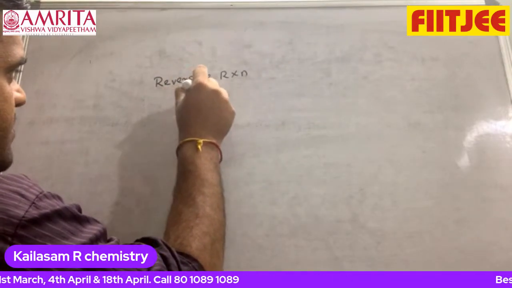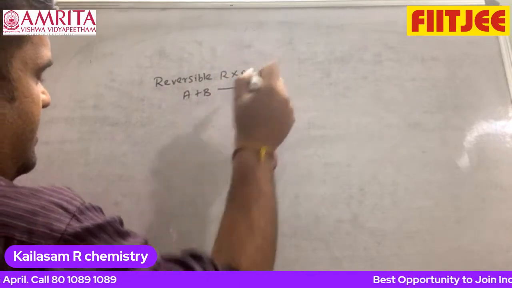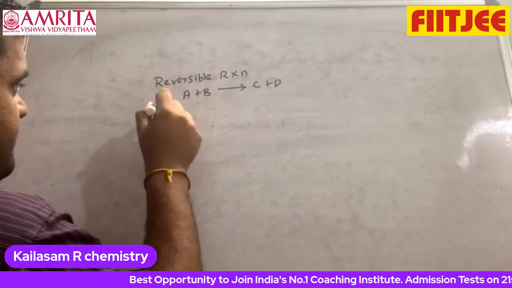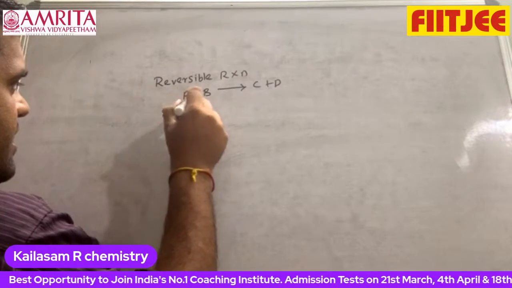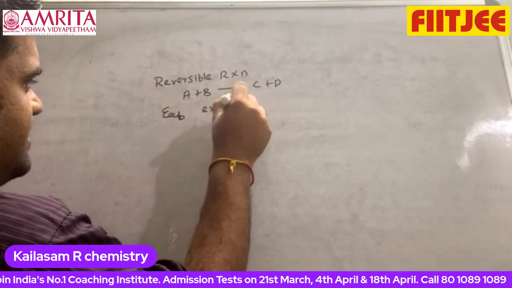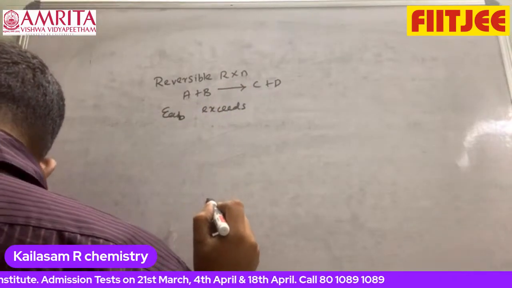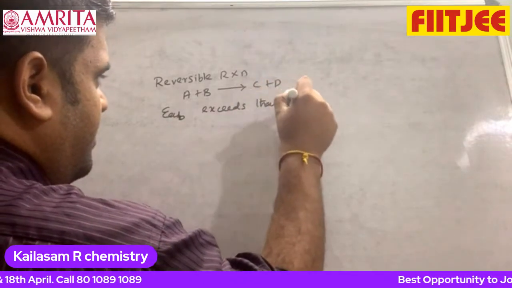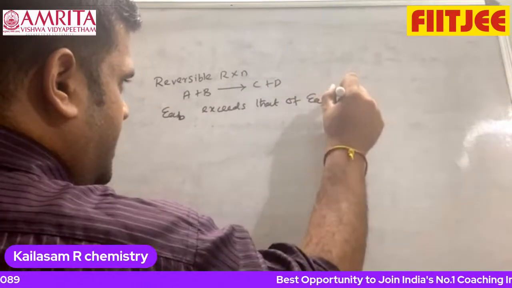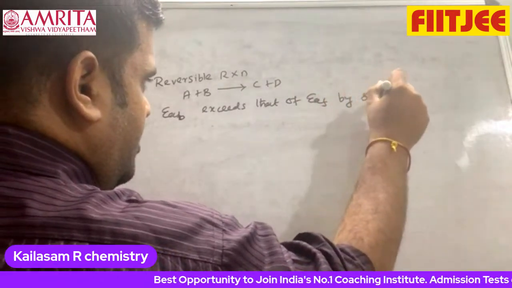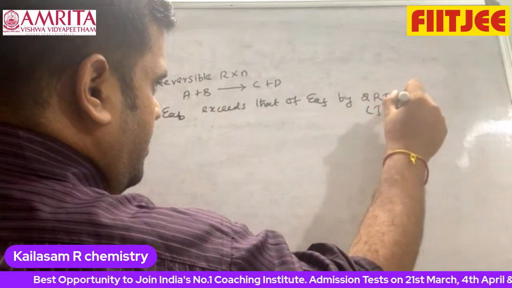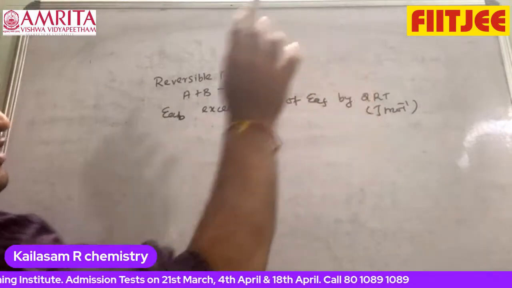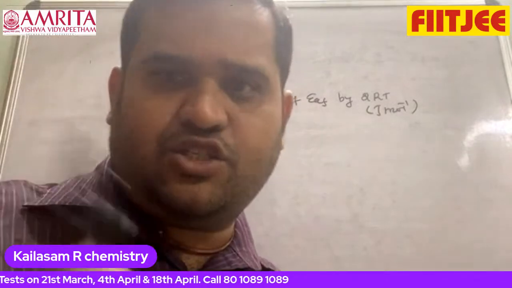I can say A plus B gives C plus D. They are telling that the activation energy of the backward reaction exceeds the energy of activation of the forward reaction by 2RT in joule per mole.